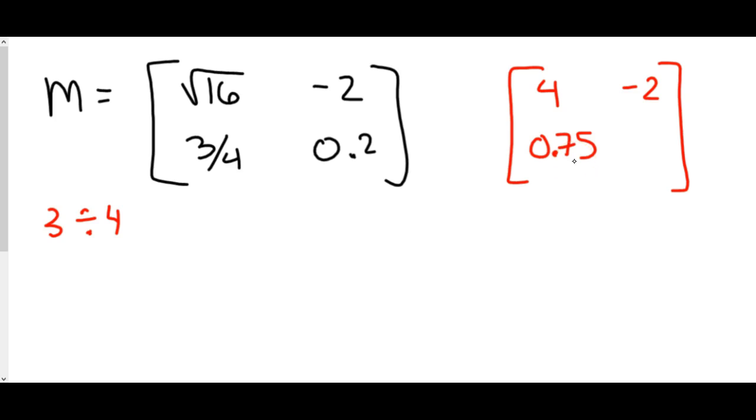Now they may go the other way. They may give you a decimal and say, what's this as a fraction? So to change a decimal to a fraction, we look at the place value. 2 is in the tenths spot. Right after the decimal is the tenths spot. So that means this is 2 over 10, the fraction. This can reduce. Both the 2 and the 10 divide by 2.